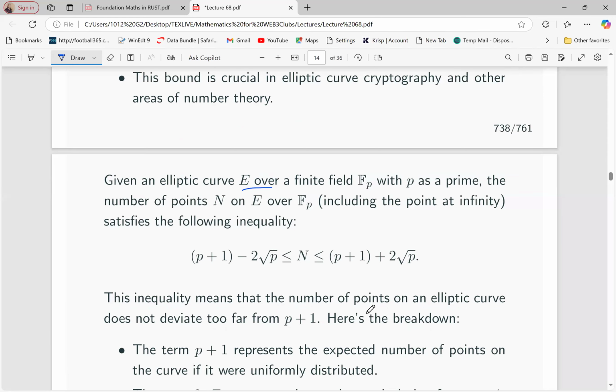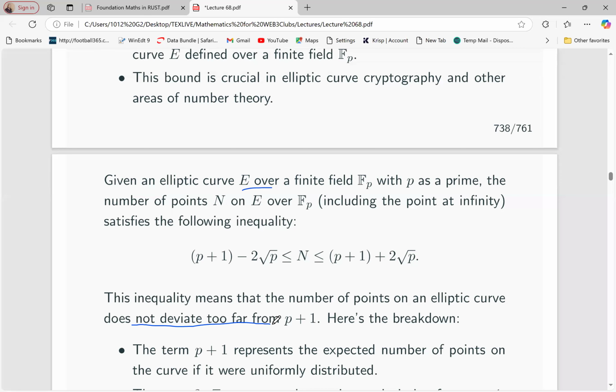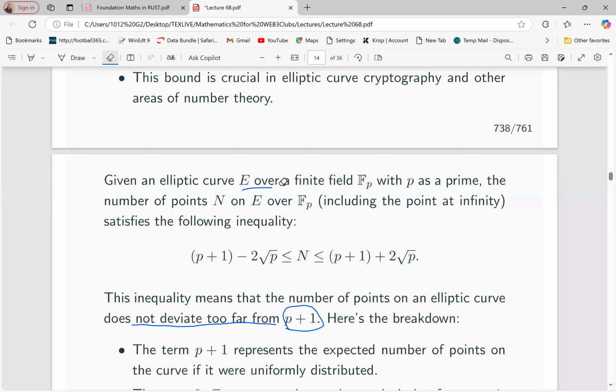This inequality means that the number of points on the elliptic curve does not deviate too far from p plus 1. So if p is 7, then they don't deviate too far from 8. They do not go far from 8, to the left or to the right.